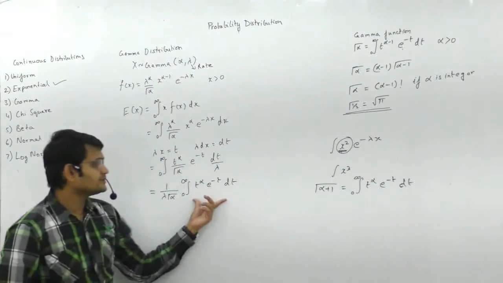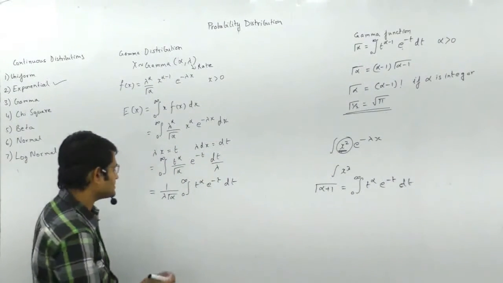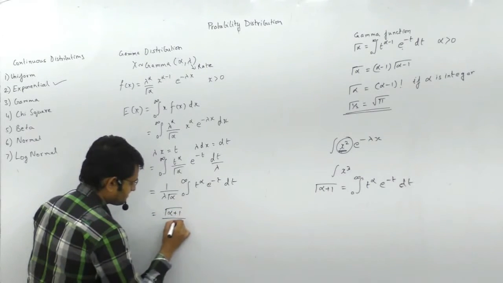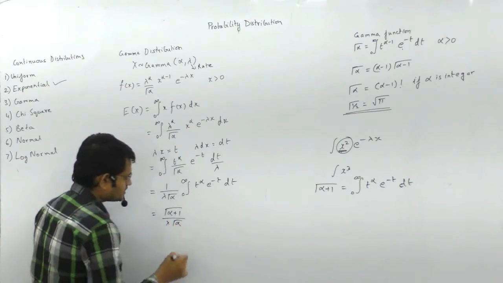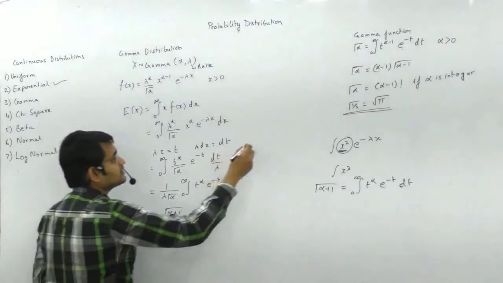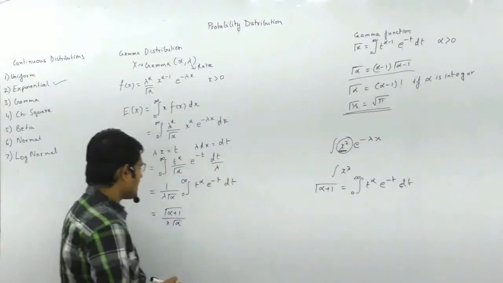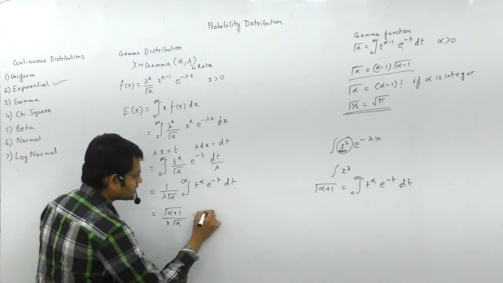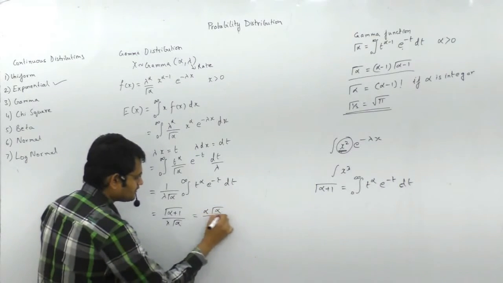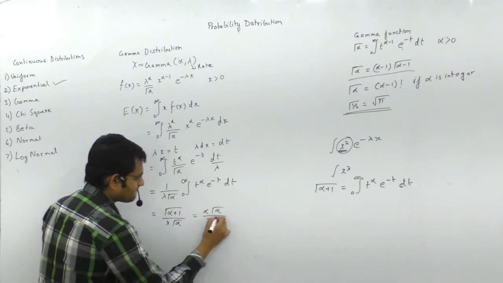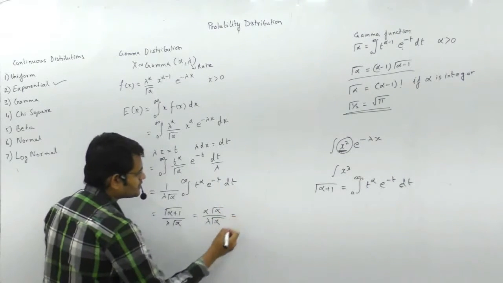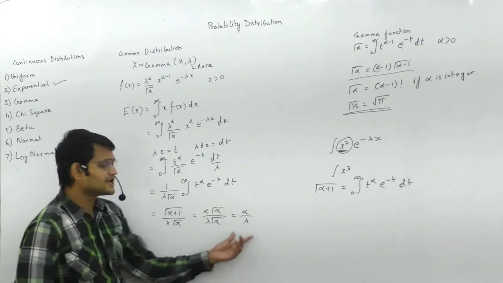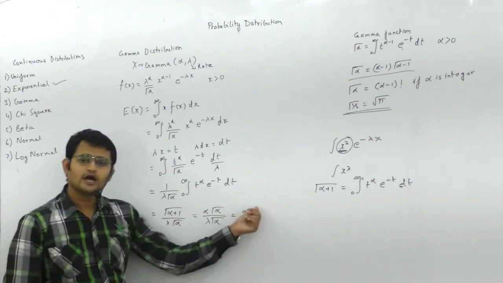So this particular term is nothing but gamma of alpha plus 1. Then the property of gamma, I can use that here, and gamma of alpha plus 1 can be written as alpha into gamma of alpha, and gamma of alpha upon gamma of alpha will be 1. So we get alpha by lambda. So this becomes our expected value, that is nothing but alpha by lambda.